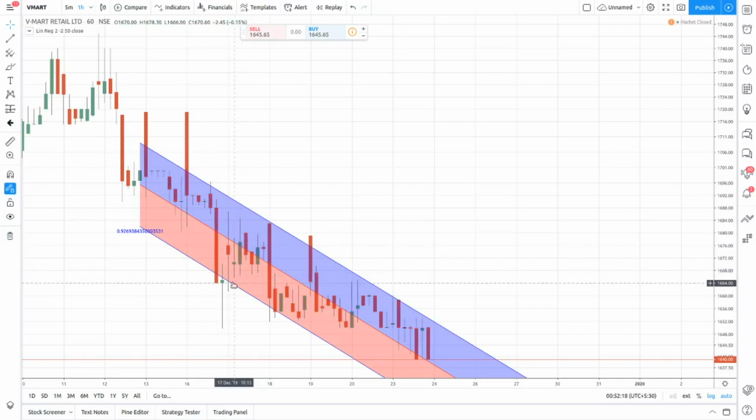So if you see here, the difference is from 1676 to 1664, so about 12 points. But the leg with the trend is much longer: from 1698 short to 1667, about 30 points.